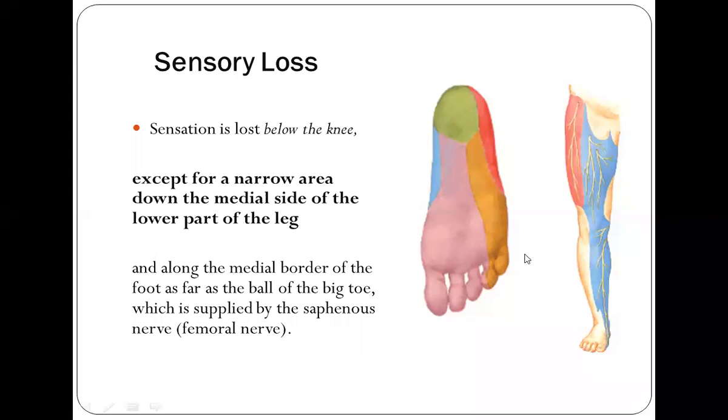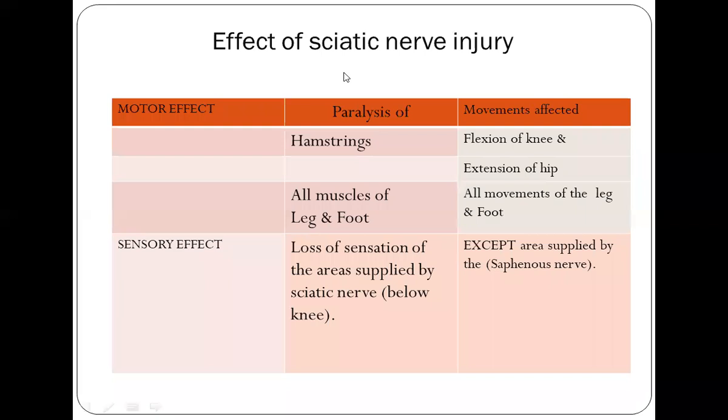So later you can learn this diagram, which is cutaneous innervation of the sole of the foot, just like you had learned cutaneous innervation of the palm and the dorsum of the hand. For lower limb, you have to learn cutaneous innervation of the sole and the dorsum of foot. You can learn that after next week. Okay, so this is just a summary of effect of sciatic nerve injury in the gluteal region.